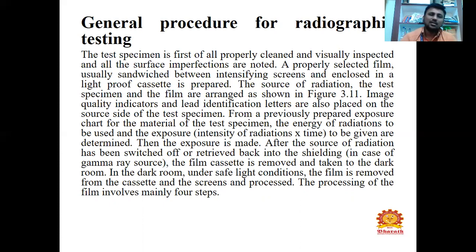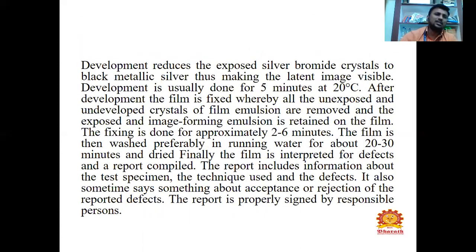The processing of film involves mainly development and then fixing. The development reduces the exposed silver bromide crystals to black metallic silver, thus making the latent image visible. The development is usually done for 5 minutes at 20 degrees Celsius.